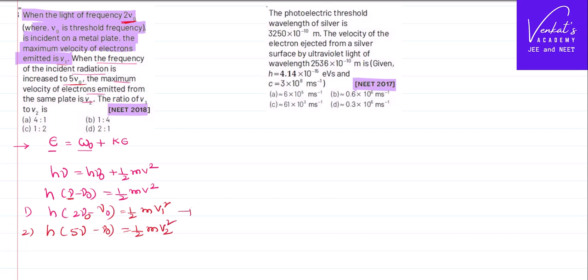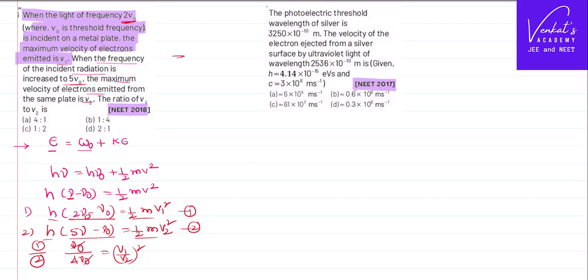So you can call this equation number 1 and equation number 2. And if you take 1 by 2, what I will get is 2 nu naught minus nu naught, that is nu naught, by 5 nu naught minus nu naught, which is 4 nu naught. H and H will get cancelled. Half m and half m will also cancel. Equal to v1 by v2 whole square. Nu naught cancels.